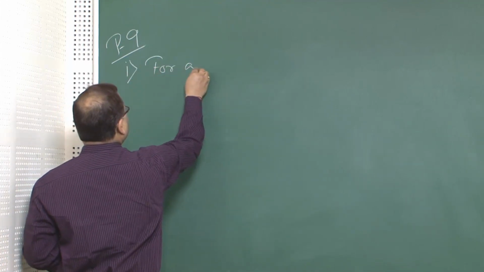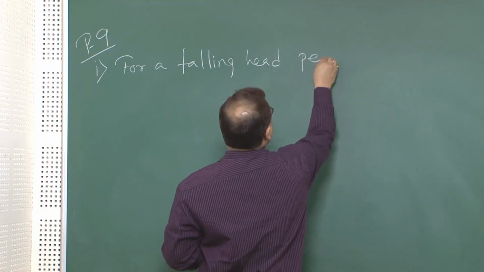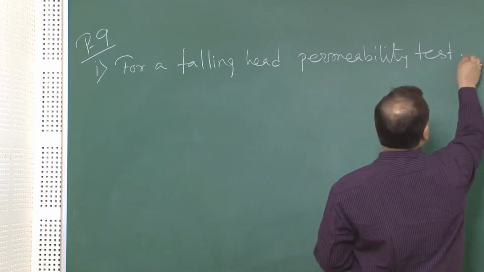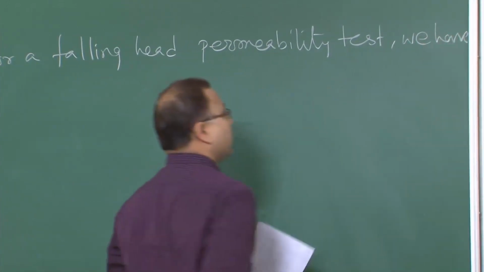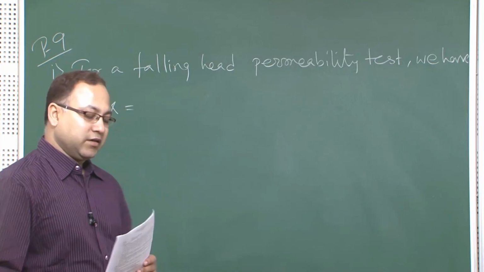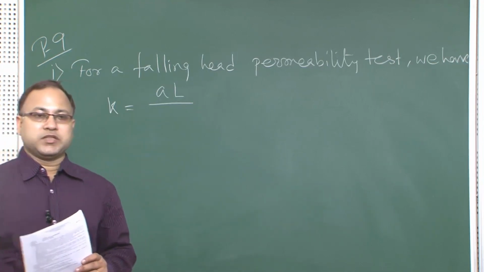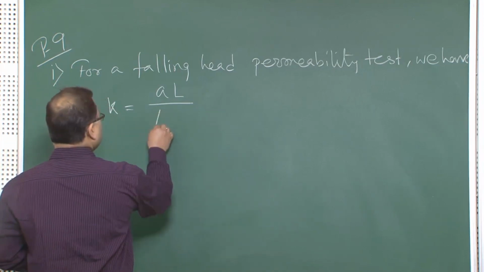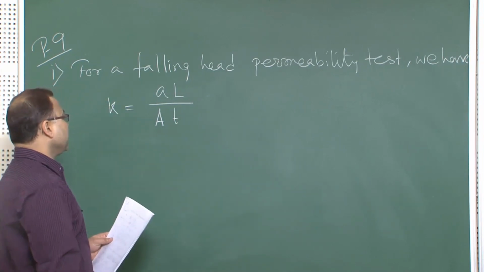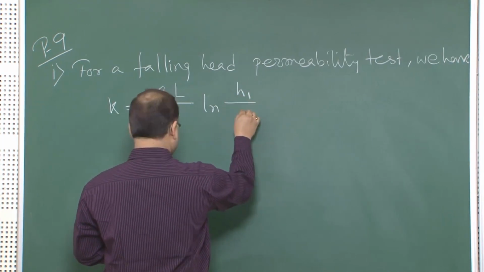Now, for a falling head permeability test, we know from our theory whatever we have covered in the lecture, that K, the coefficient of permeability or the hydraulic conductivity, is expressed as small a into L, where small a is the cross sectional area of the standpipe and L is the sample length, divided by capital A into T, where capital A is the cross sectional area of the soil specimen and T is the time, into log base e of H1 by H2.